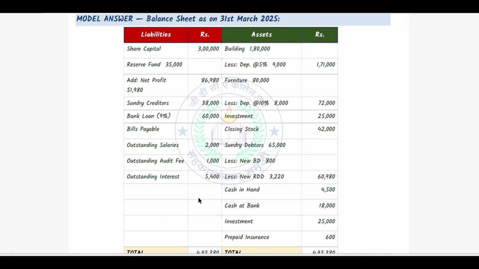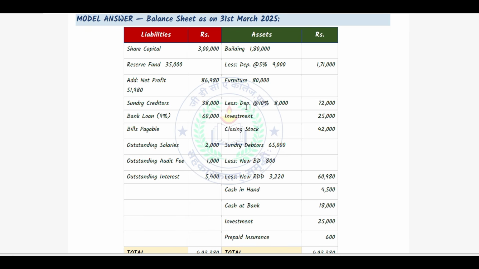So that total is coming up 4,93,380 rupees. Next, in assets, building is an asset actually. That is at 1,80,000 rupees. So less depreciation at 5%, that is 9,000 rupees. So we have to reduce that from 1,80,000. It is 1,71,000 rupees. Furniture at 80,000 rupees.